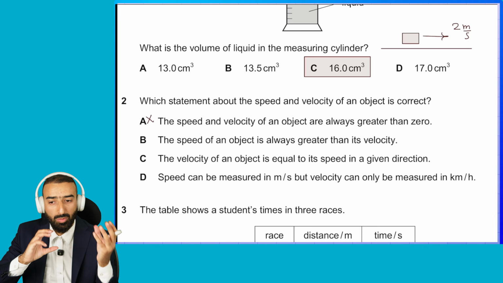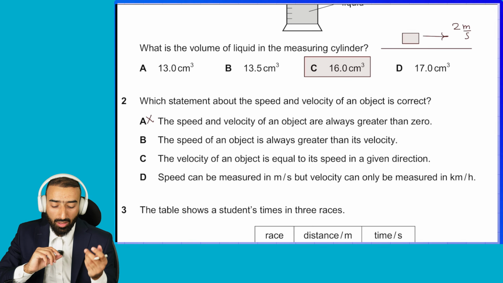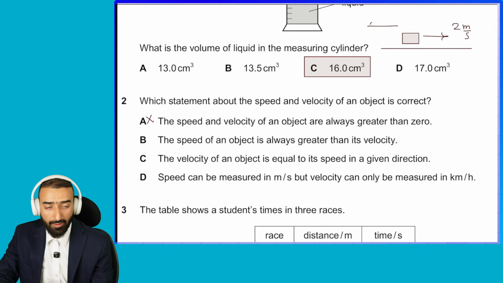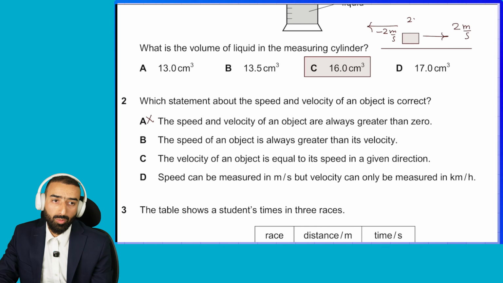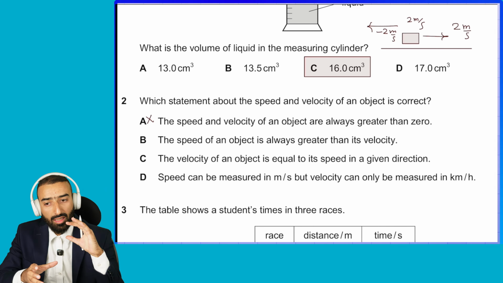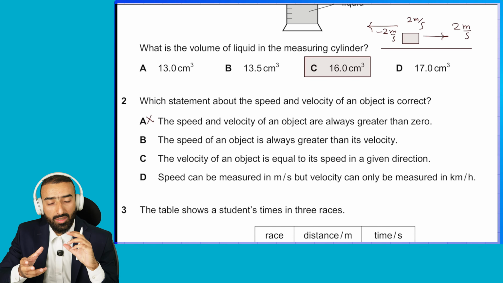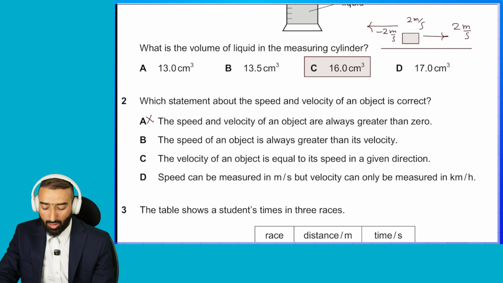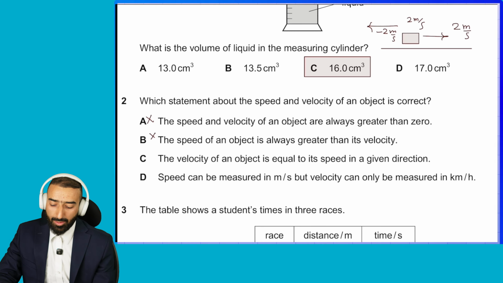In this case, the speed and velocity are equal. If the object were going leftwards, its velocity would be minus 2 meters per second and its speed would be 2 meters per second. In this case, the velocity and speed are different. So option B is not correct.